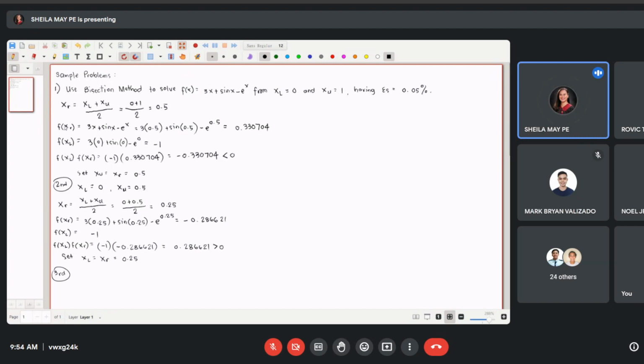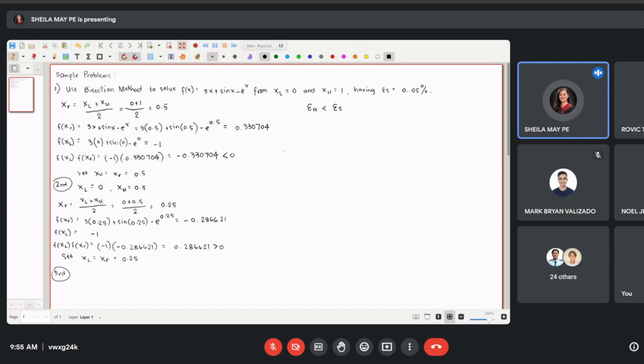Okay. Now, when we are given a pre-specified error criterion, we need to have our estimated absolute percent error less than our error criterion. Guys, remember that.